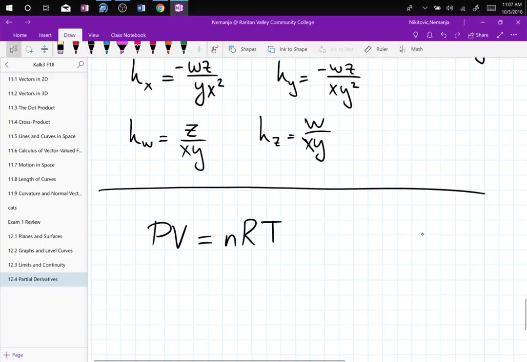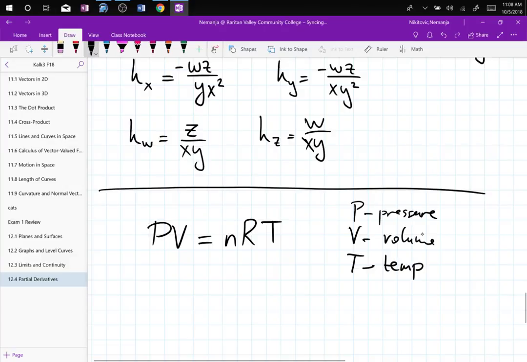P is pressure, V is volume, T is temperature, and n and R are constants. We call it the ideal gas law, which means it doesn't really work for the air in the room or the tires, but it's close enough, so we can just use it.